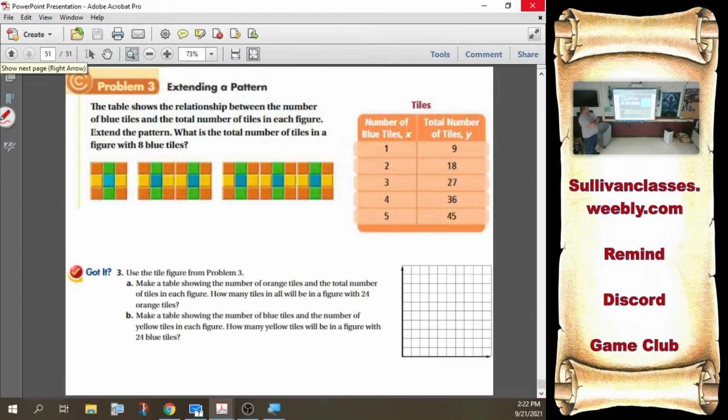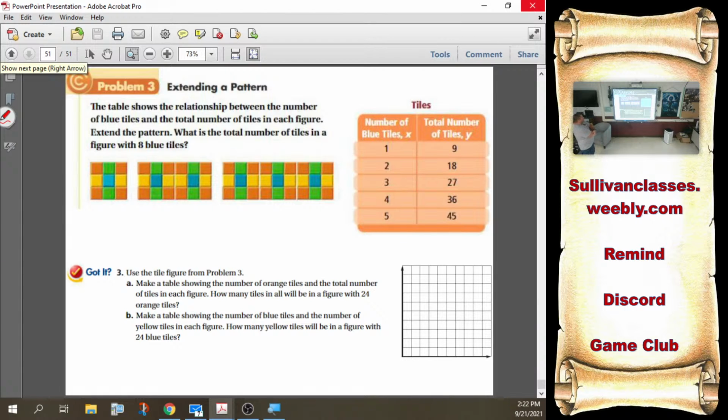Okay, we crossed there. Extending a pattern. You know that patterns are used for intelligence testing because a dolphin can find a pattern. A monkey can find a pattern. I don't need to know anything about math to look at this and say, what's happening every time?